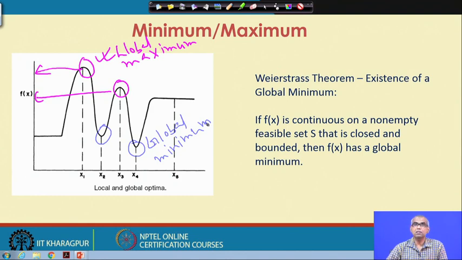The important words to note here are that the feasible set S is closed and bounded. So, a continuous function on a non-empty feasible set S that is closed and bounded definitely has a global minimum.